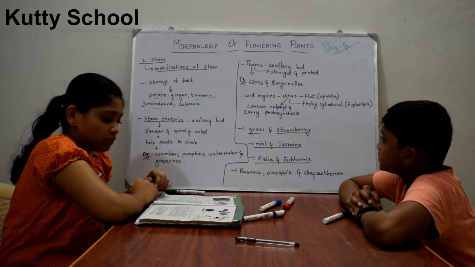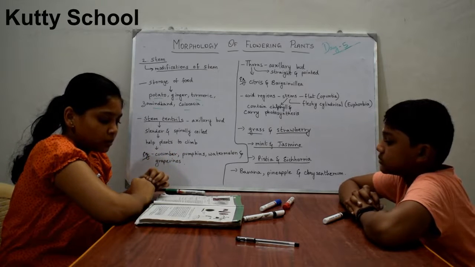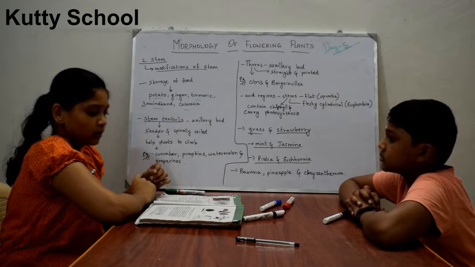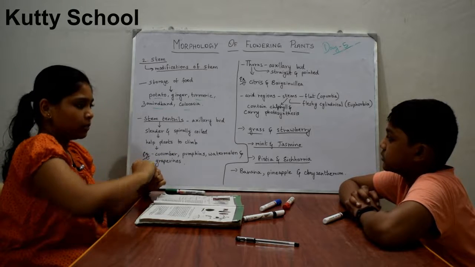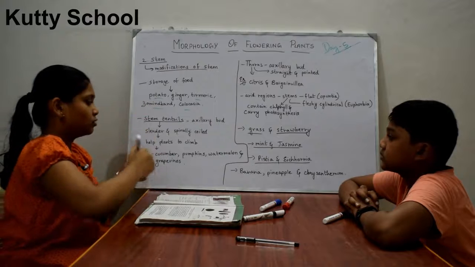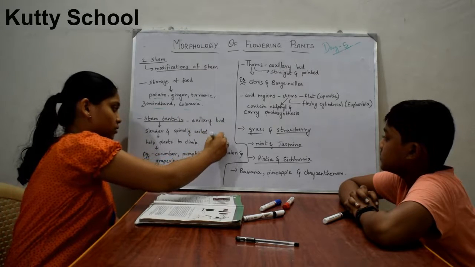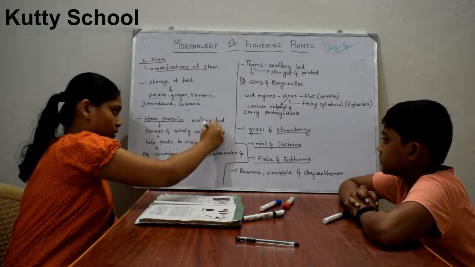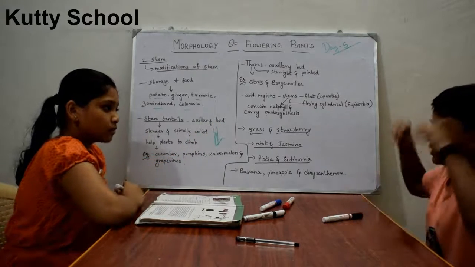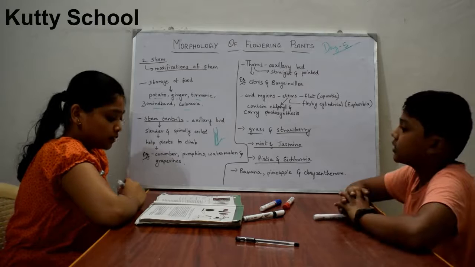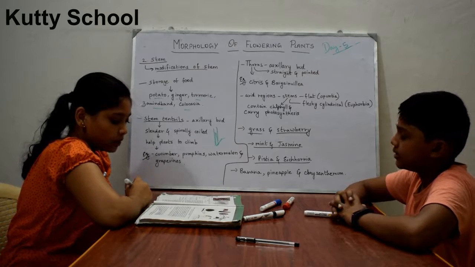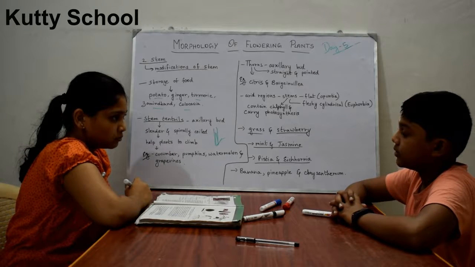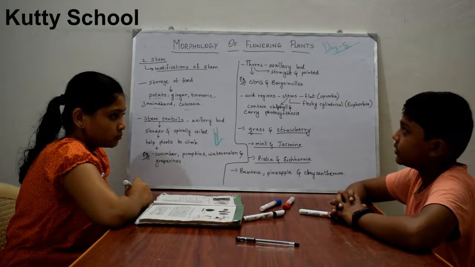And then mint and jasmine. In mint and jasmine, a slender lateral branch arises from the base of the main axis.